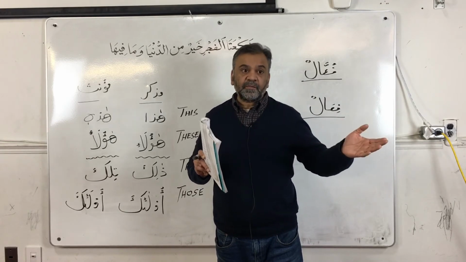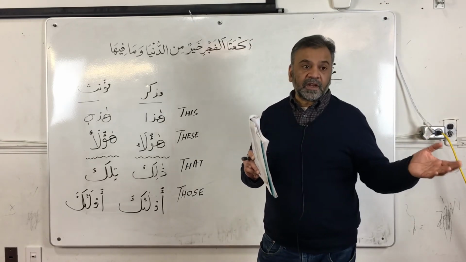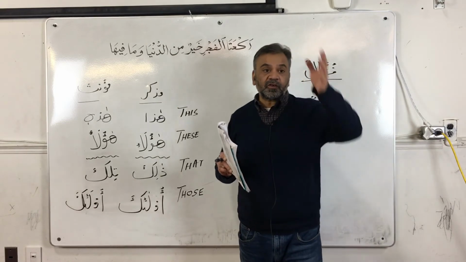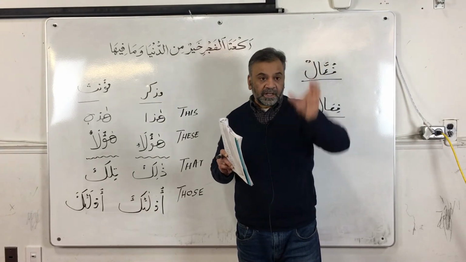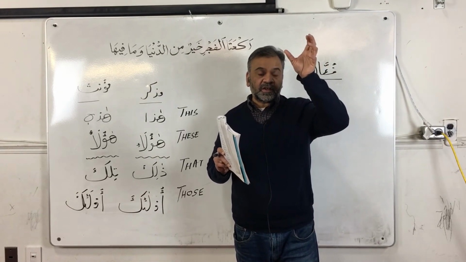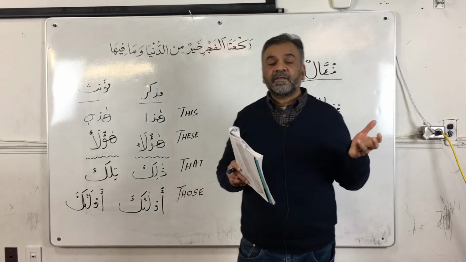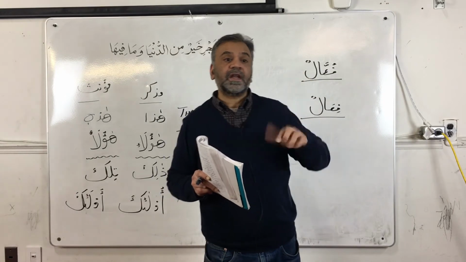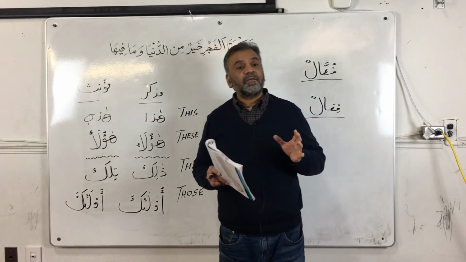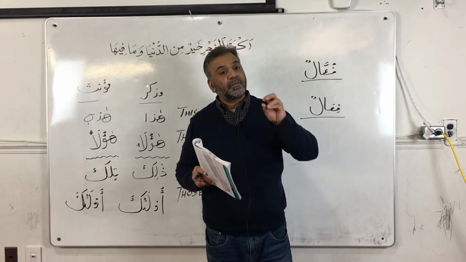It can be present in the sentence, but when we are talking about the conjugation of the verb, the fa'il is hidden in huwa and hiya only. For the rest of them, the fa'il will be present.